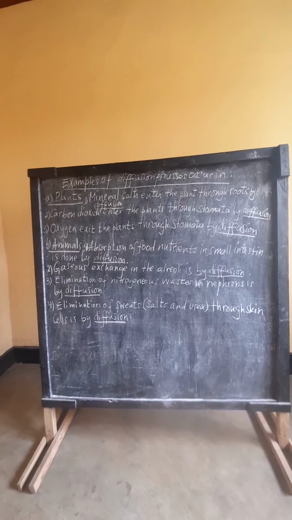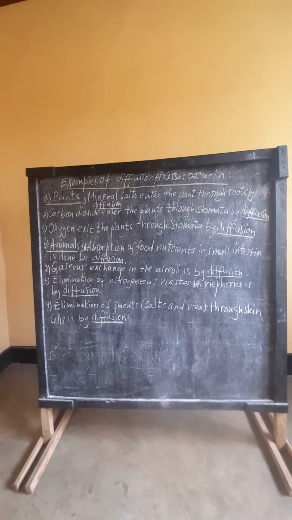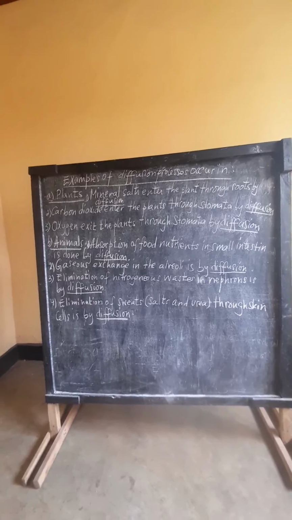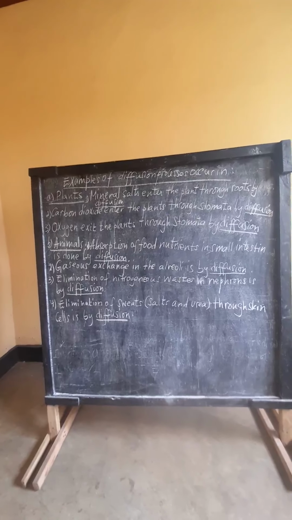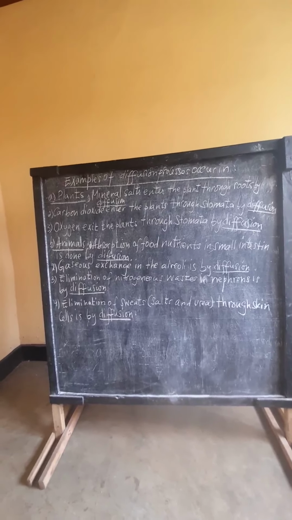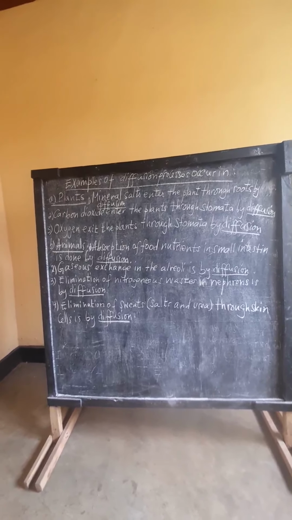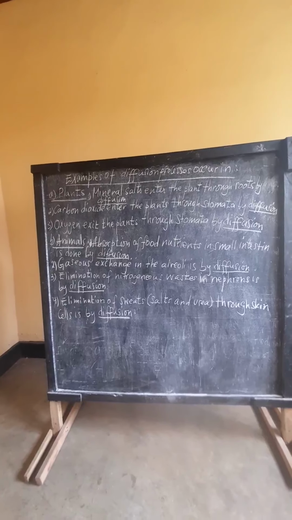One is absorption of mineral salt. Mineral salt enters the plant through roots by diffusion. Of course, plants absorb mineral salt from soil by roots.